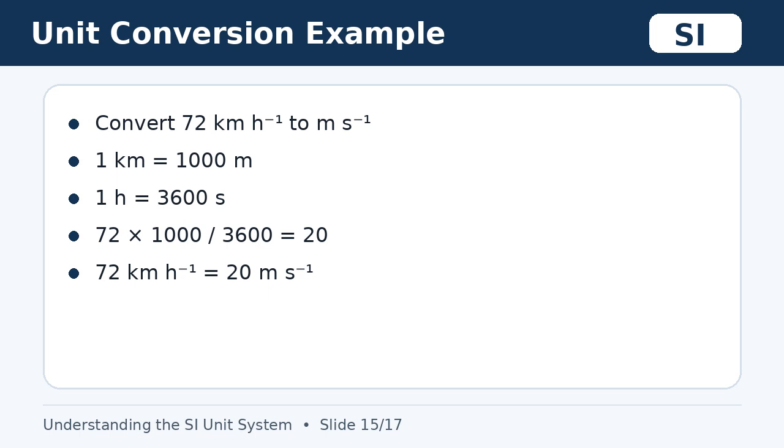Therefore, 72 kilometers per hour is multiplied by 1000 meters per kilometer and by 1 hour per 3600 seconds. The kilometer and hour units cancel. This gives 72 multiplied by 1000 divided by 3600, which is equal to 20. Therefore, 72 kilometers per hour is equal to 20 meters per second.